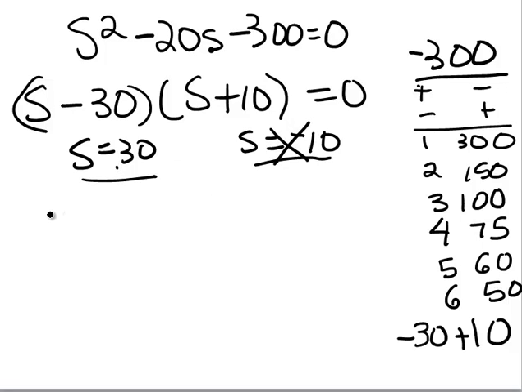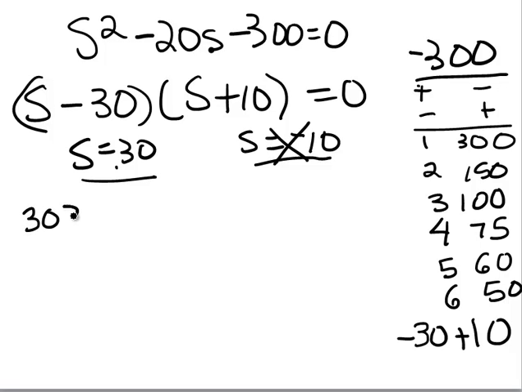not this one. So let's test it. Let's see if that's true. So 30 squared plus, oops, sorry, we're going to go back to the original one. So we have S is 30.